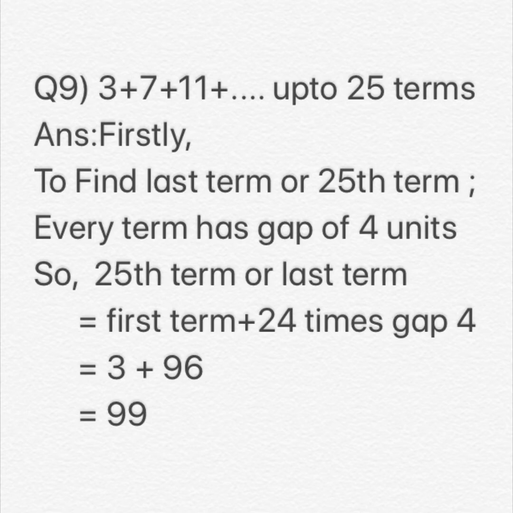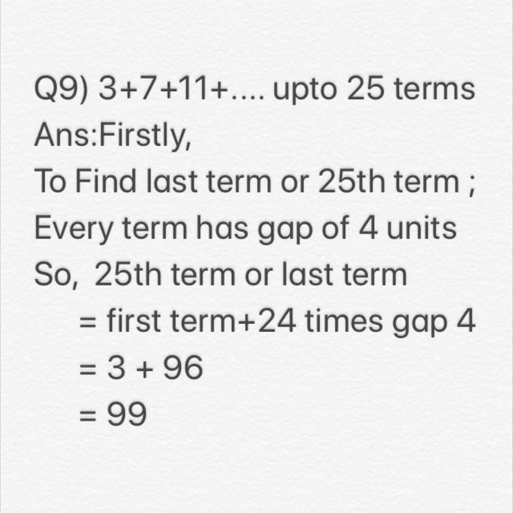Well, to find the sum of this arithmetic series up to 25 terms, first we have to find the last term, meaning the 25th term. Every term has a gap of 4 units. So the 25th term, or last term, can be easily found by writing the first term and then adding 24 times that gap 4, because one term is the first term, no?